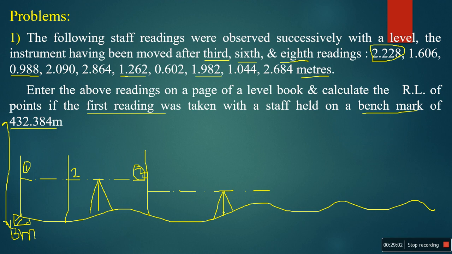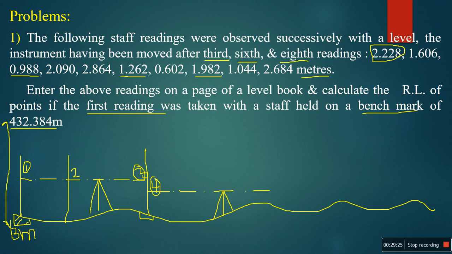So after setup of this one, they have taken the back side staff reading on the same previous staff position, because you can easily calculate the RL of this staff station by using the benchmark. So the next reading, the fourth reading, will be here.